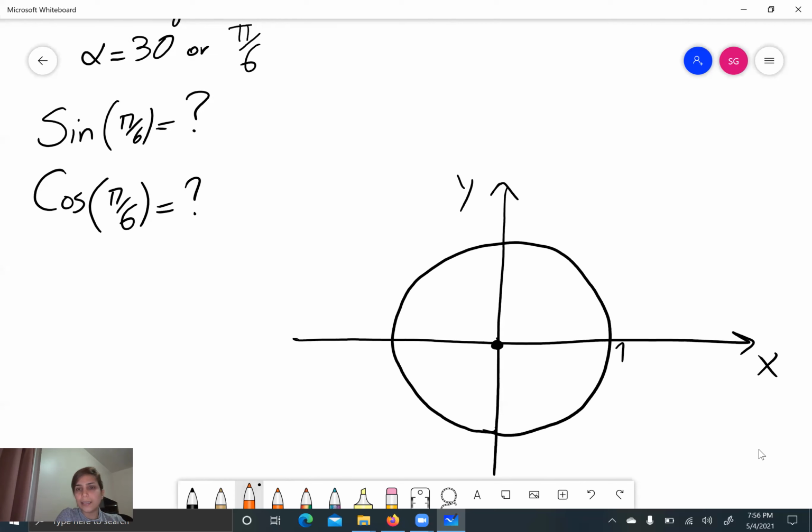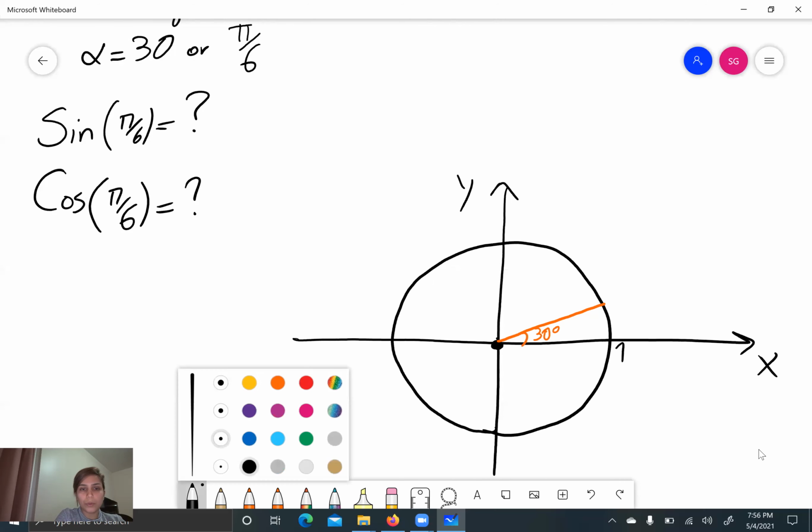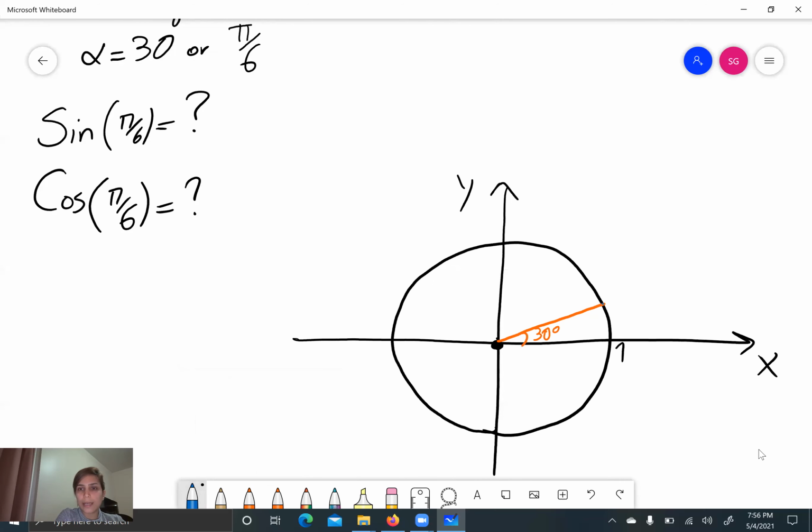30 degrees is going to be somewhere here, right? And the question is, what is the sine? If we want to know the sine and cosine, that relates to this point on the circle. The corresponding point on the circle has some x and y value. The x value gives me the cosine, because cosine is x divided by radius.